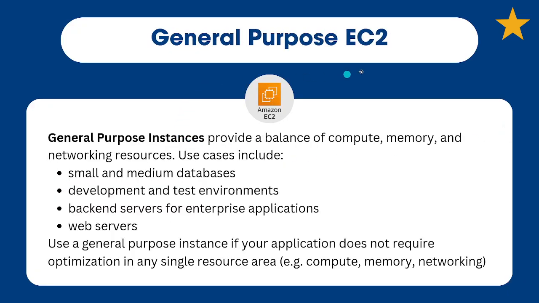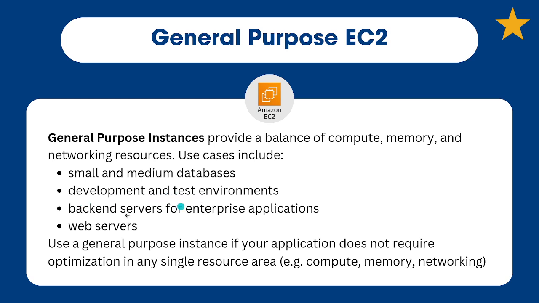So let's start with general purpose EC2. General purpose instances provide a balance between all of the computing resources: memory, computation, networking, could be storage as well. This is useful for all kinds of things: databases, specifically small to medium, because once you get to the larger ones, you're going to need memory optimized instances.